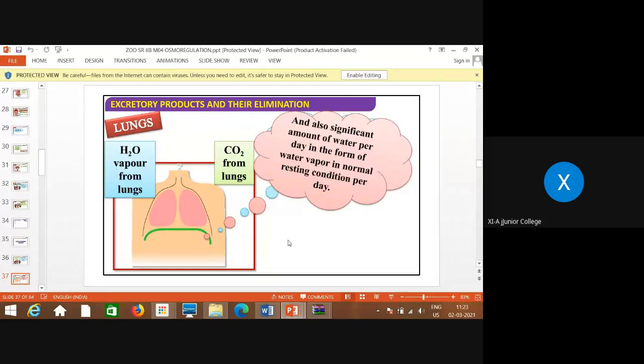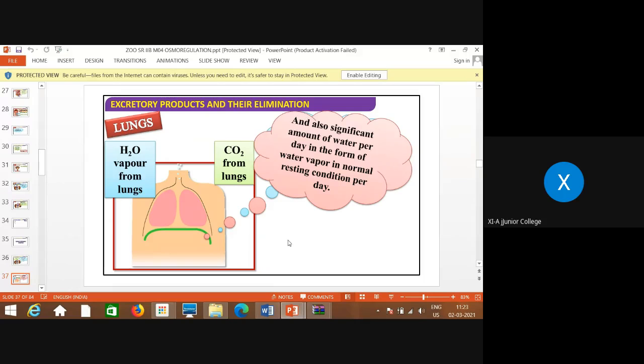How do the lungs perform this function of excretion? During the process of respiration, when you inhale the air and exhale the air, what is exhaled? CO2 from the lungs. So by exhalation of CO2, as well as sometimes in the form of droplets, that means water vapors from the lungs, they are excreted.